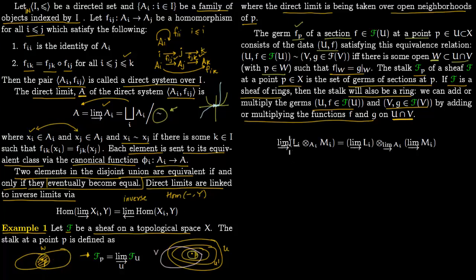So another important property of direct limit is that if you have index sets like this, where Li is an Ai module, Mi is also an Ai module, and then you have a direct system like this, then you can take this direct limit over Li, over Ai, and over Mi. Now this is important because this is used in the tensor product of sheaves.